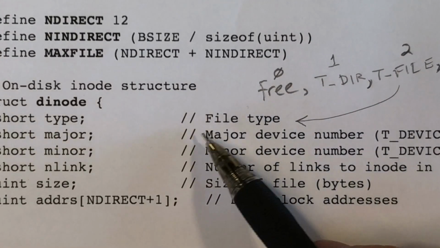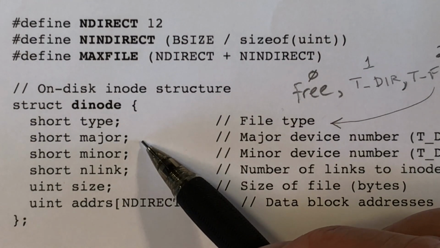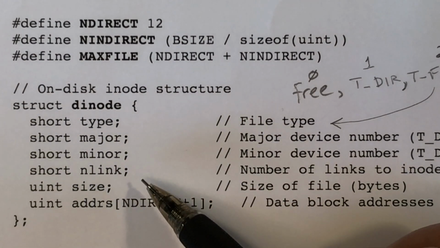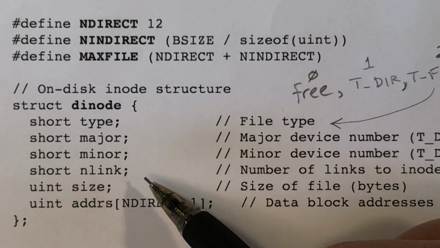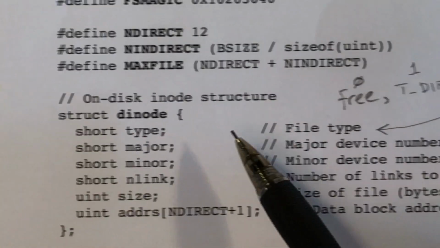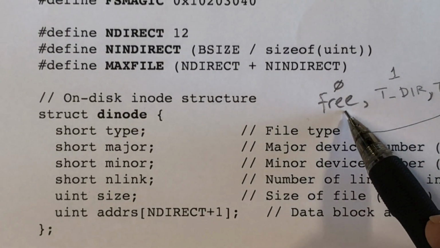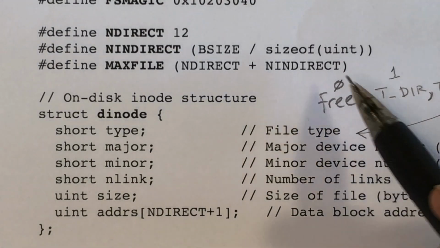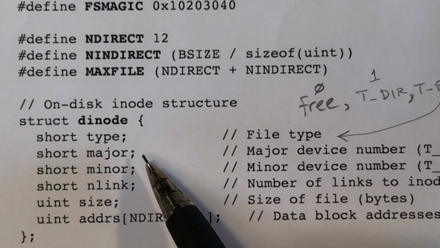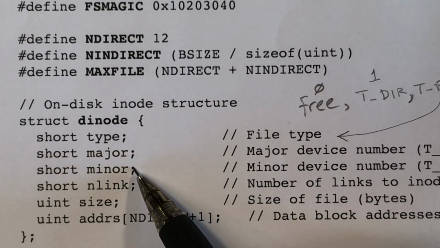We also use the type code to indicate whether the inode is free. So some of the inodes on disk in this inode array are in use and have a type of directory, file, or device, but others are free and unused and available for future files, and we use a type of 0 for those.